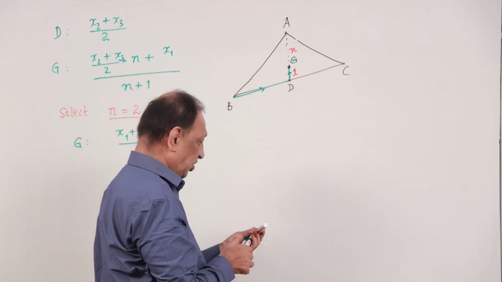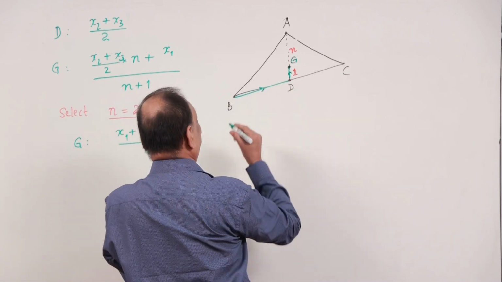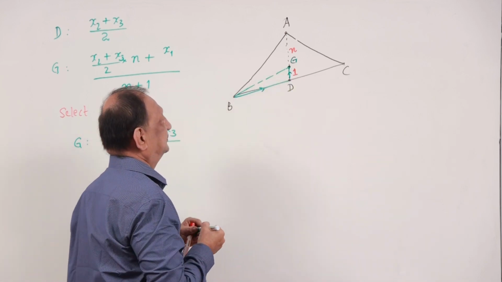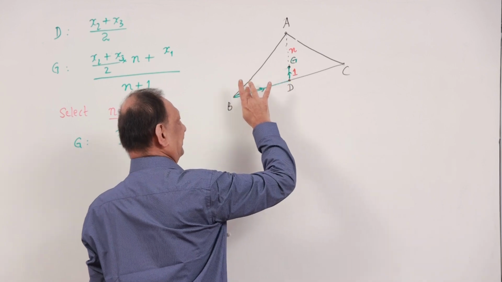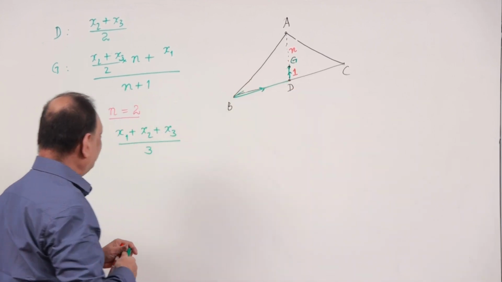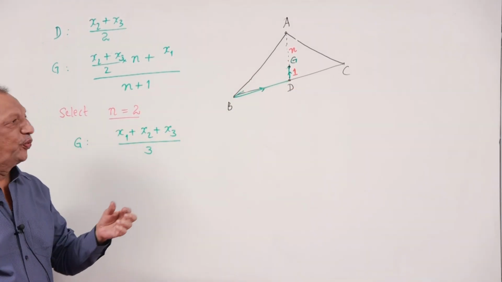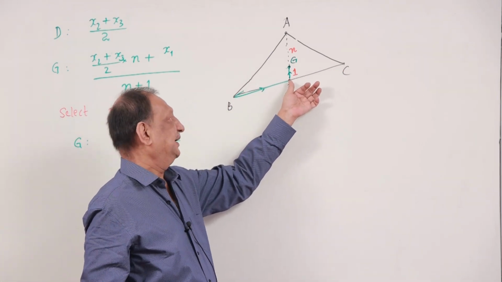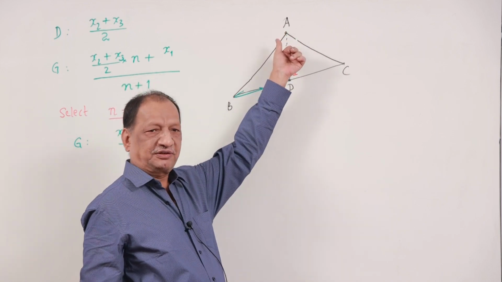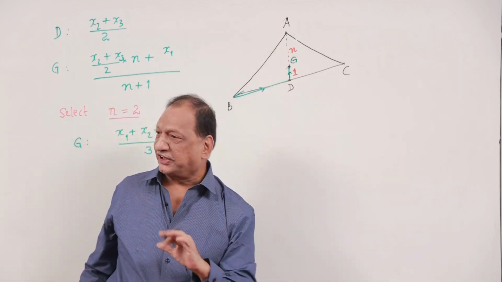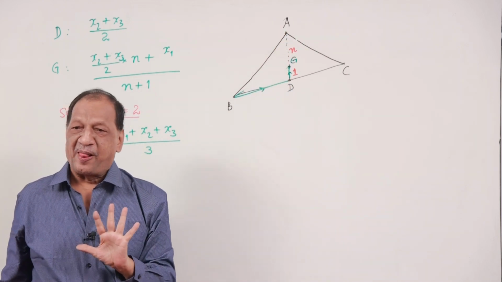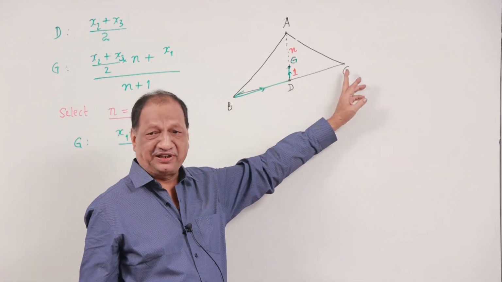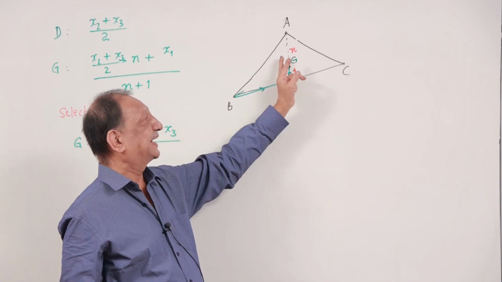correct? So now if I join B to G, for example, or I won't even join it. How did we get this coordinate actually? We traveled from the midpoint of one side towards the third vertex, 1/3 of the way. Now, it so happens I have selected BC as the example, that is x2, x3, and then traveled towards x1.